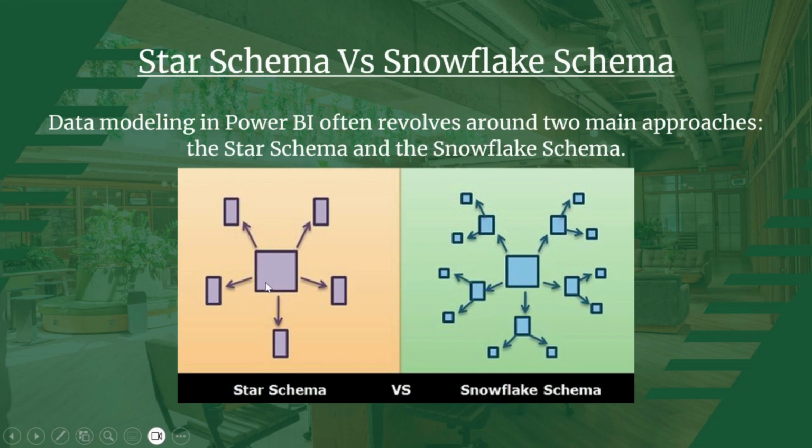So you may ask, which one is best? Which one do I adopt? The choice of whether to choose between the star or the snowflake schema will most times depend on your specific data and reporting needs.